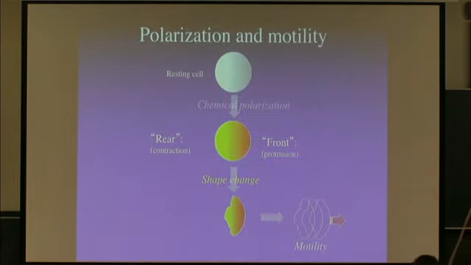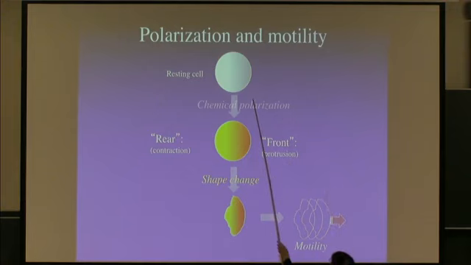Okay, so now let me orient you to what I would like to focus attention on. The first part of the talk is going to really focus on chemical polarization. So this will be quite distinct from what Alex told us about yesterday, which was really polarization due to some kind of mechanical push or de-adhesion or something like that.